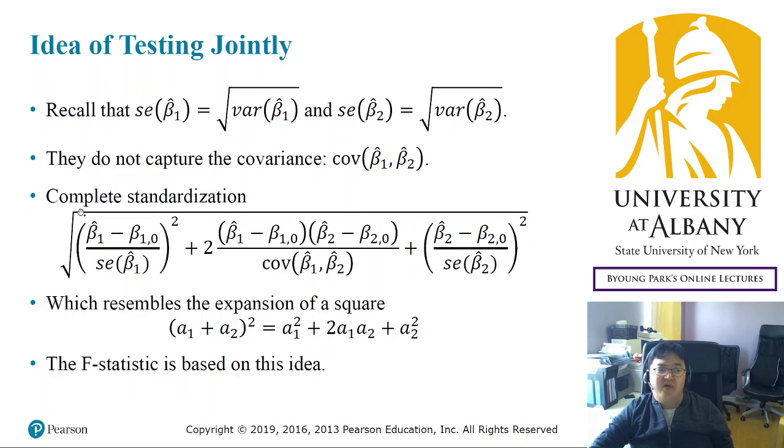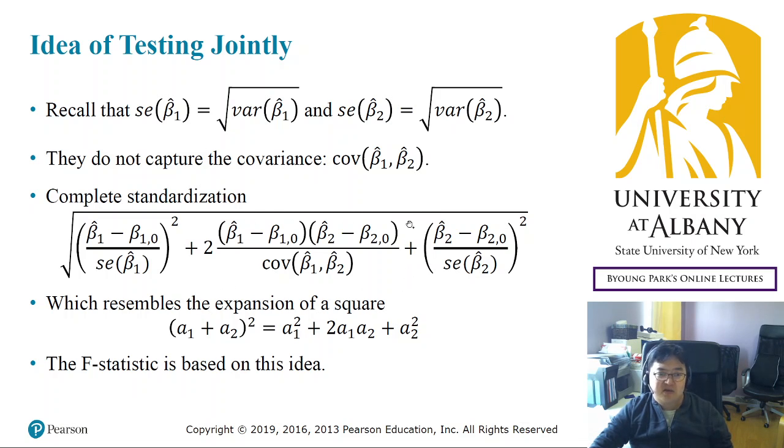So therefore, we are going to incorporate covariance in the standardization in this way. This is the complete way of standardizing the two-dimensional distance. This term and this term are the same. However, we include a cross product term.